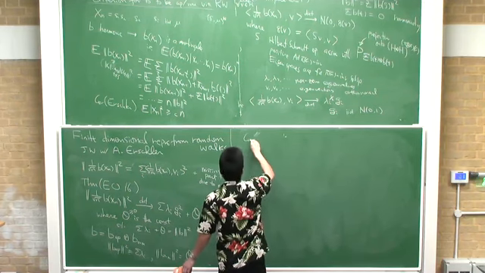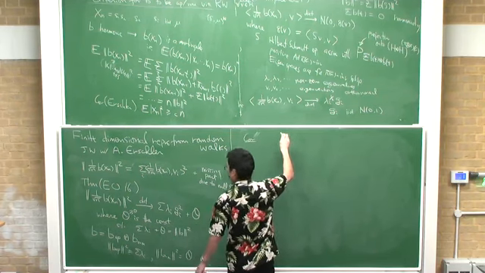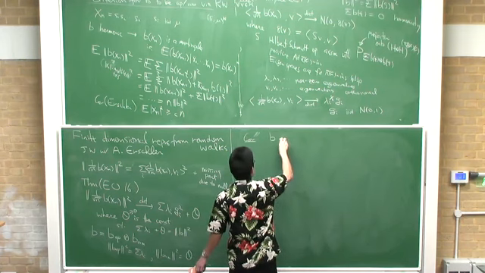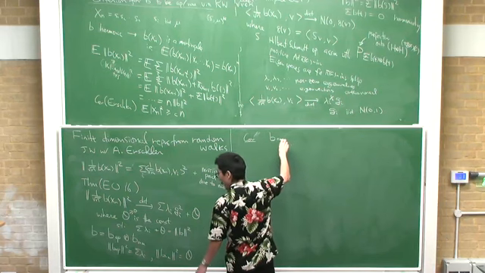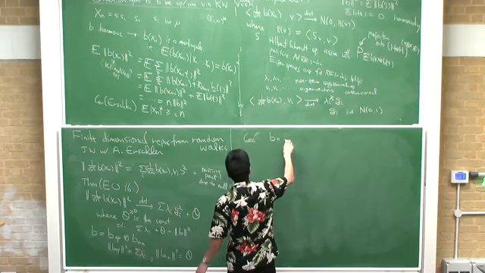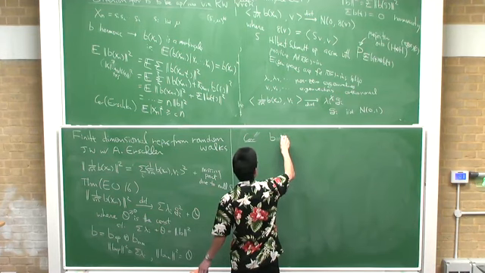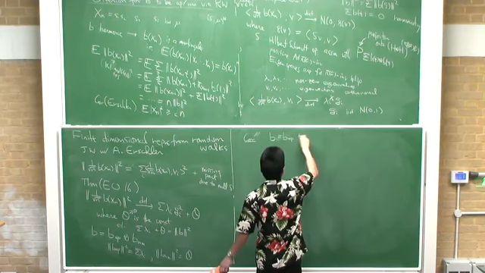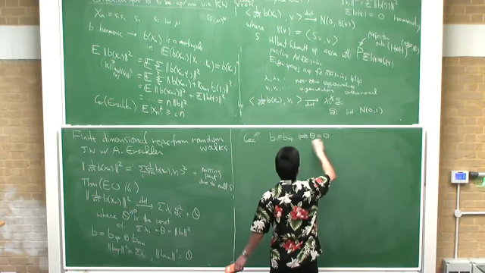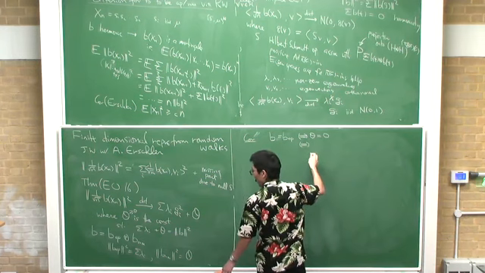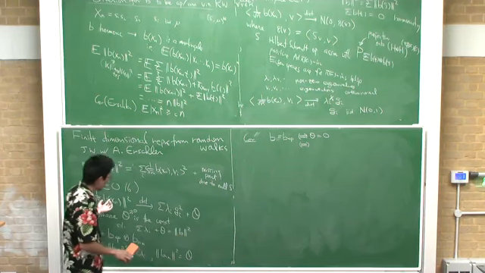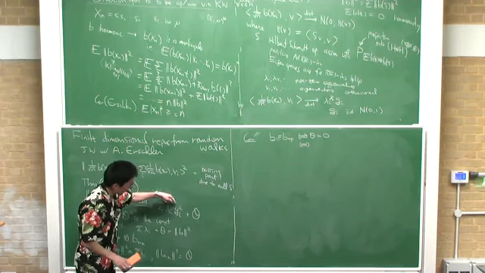So the corollary is that B is BAP if and only if theta is 0. This is if and only if. These are all non-negative, of course, because squares are non-negative, and these are Gaussian.